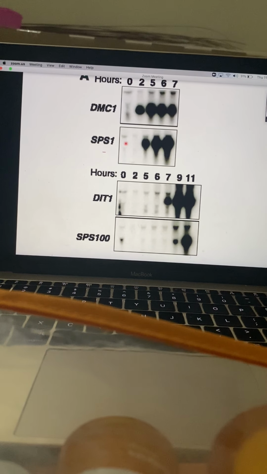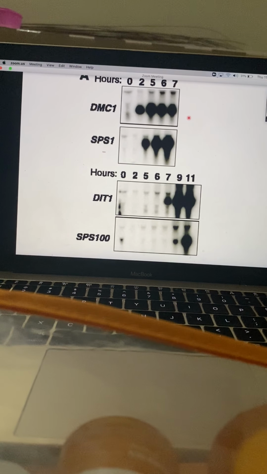This is a middle gene where the appearance of the RNA is 5 hours into the process, and then it increases. You can see an increase in the amount of the RNA, and this can be quantitative. Then you have a typical mid-late gene where you see the appearance of the RNA at 7 hours, and then a dramatic increase later on. And then a typical late gene, where you have appearance here a little bit and then much later, okay?